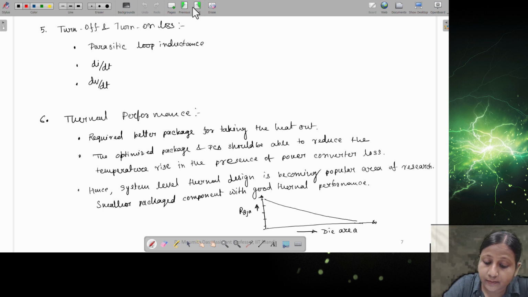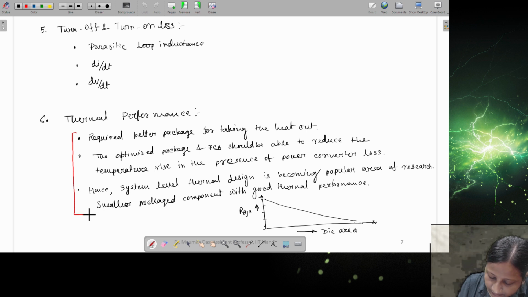Now next is the thermal performance. When we say thermal performance, I can give you one example. We have to select better packaging, so we have to consider the packaging part, packaging thermal innovation.